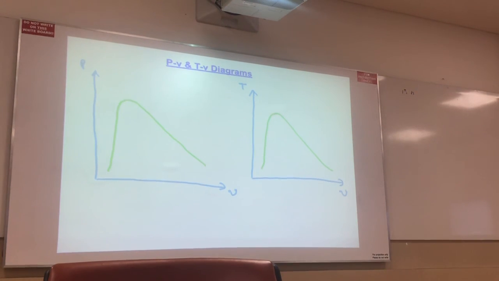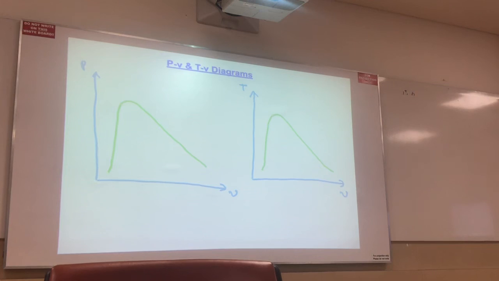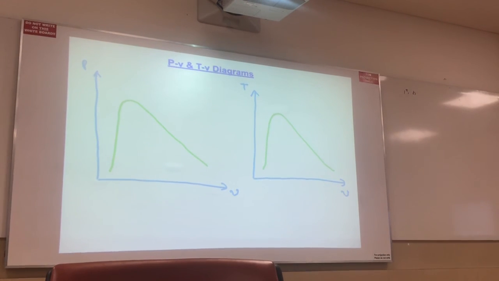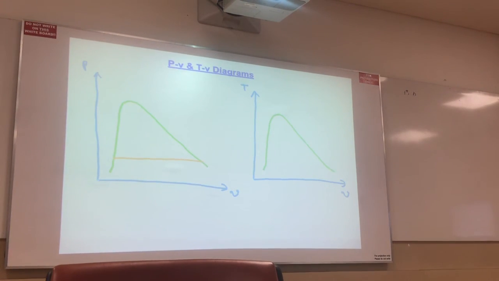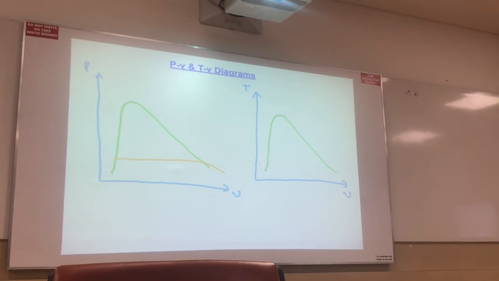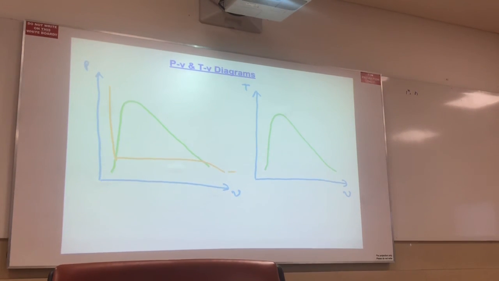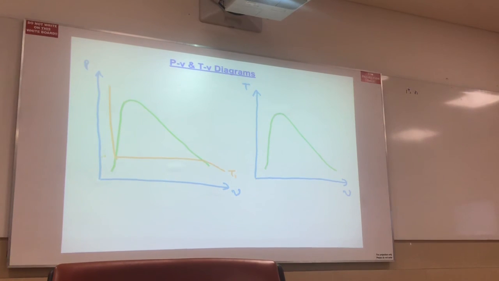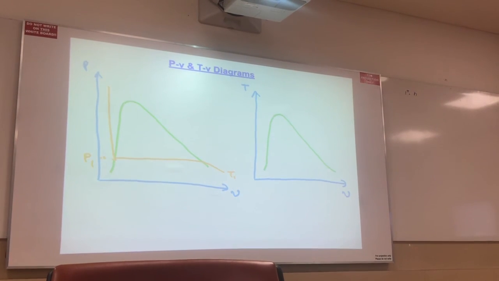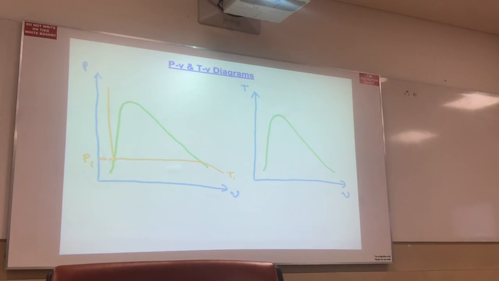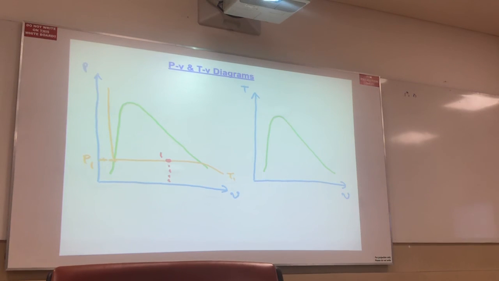Alright, you can see in the PV diagram, I draw a constant temperature line. This one is temperature T1, and P1 is here, I know from the table. And what is the initial state? Initial state is 60% quality, so this is state 1, and this is V1.